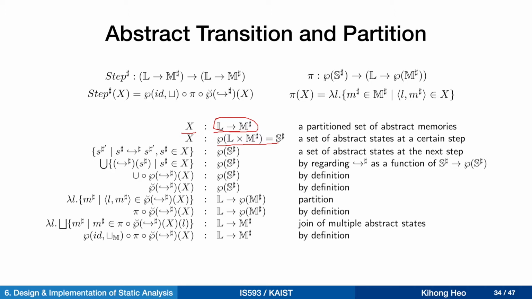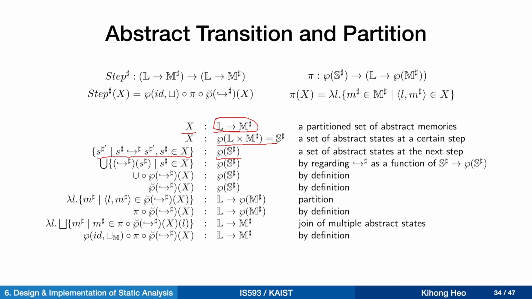And then let's compute the set of abstract states after abstract transition. This expression represents that part. What is the result? The result will have this type, right? The set of abstract states.